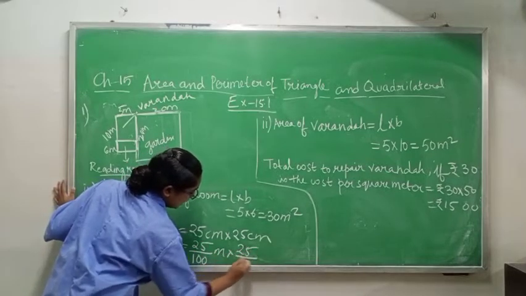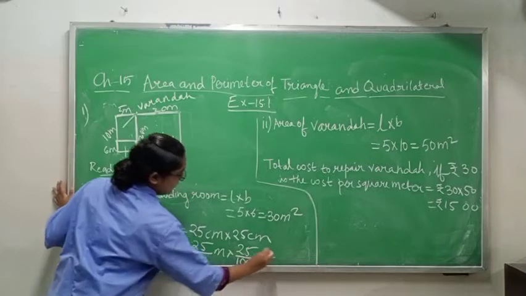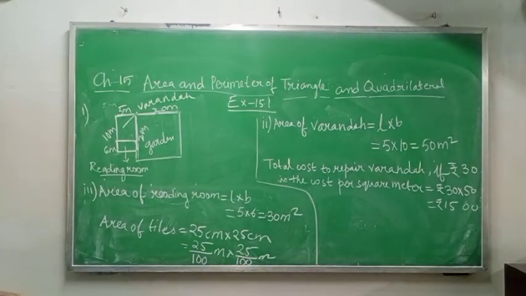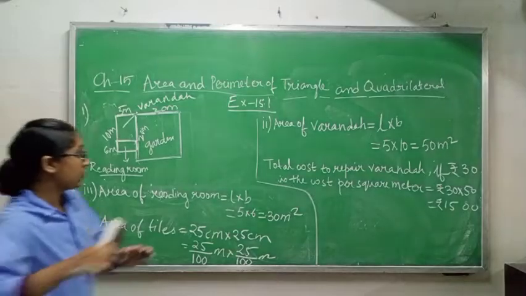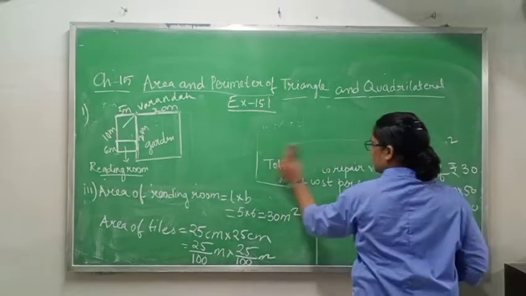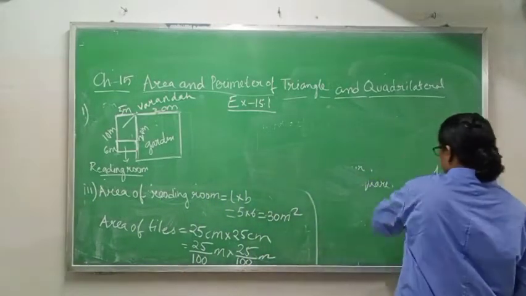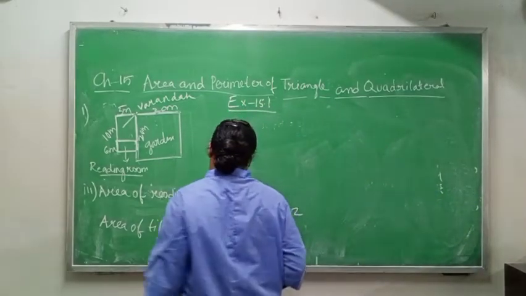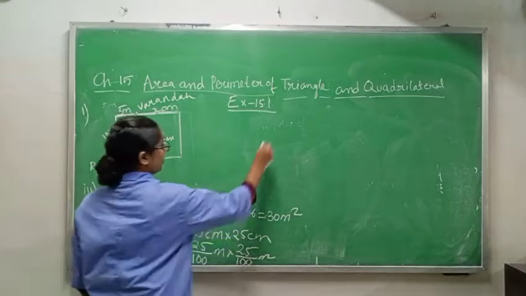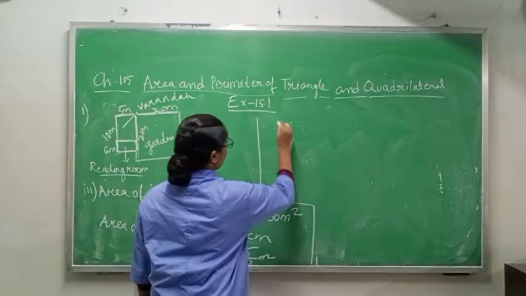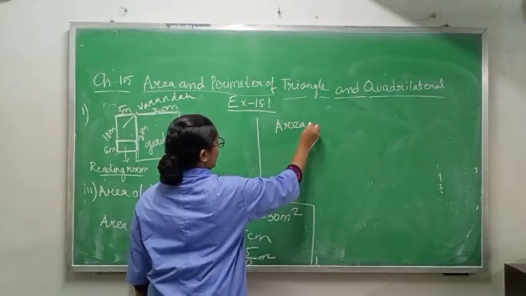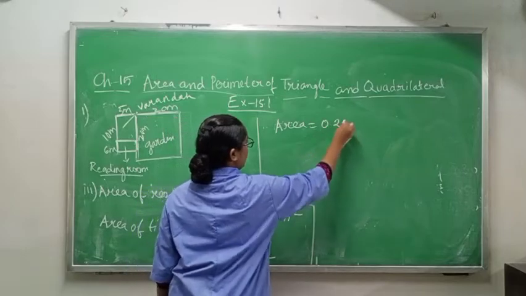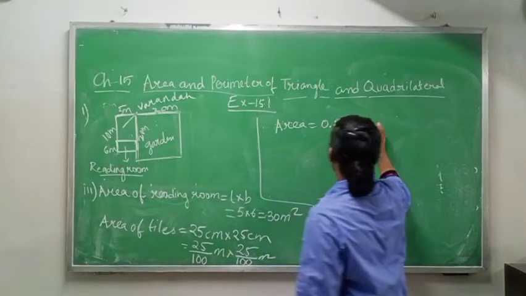Again 25 divided by 100, it will become meter. So area will be 0.25 into 0.25.